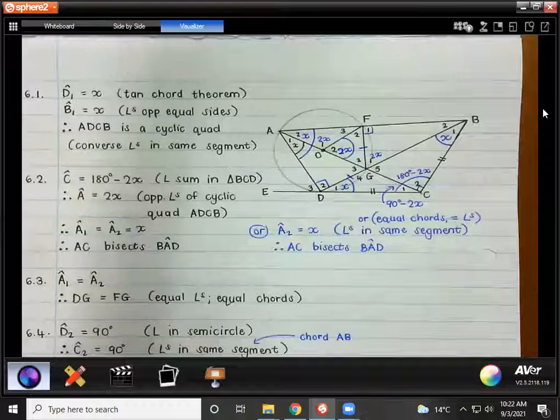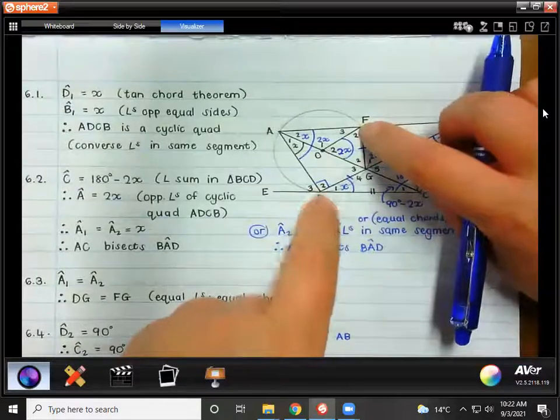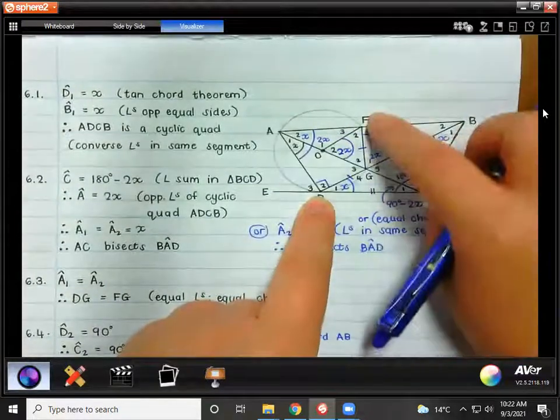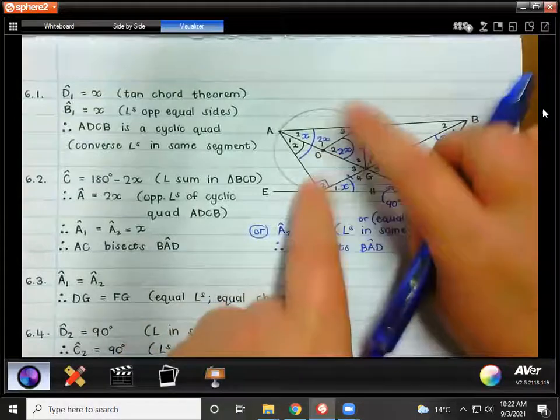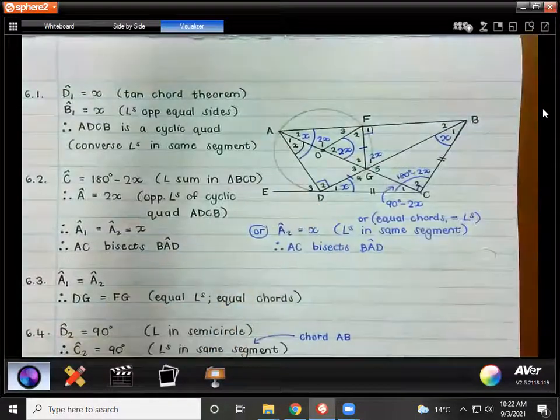It is a kite, but I think you might have to add something. Okay, I see what you're saying, and it definitely is a kite, but maybe you would also have to say that these two angles, because this is angle in semicircle and that's angle in semicircle, are also equal, because that's more information on how that line is actually cutting the whole thing off. I think I'll just double check that.